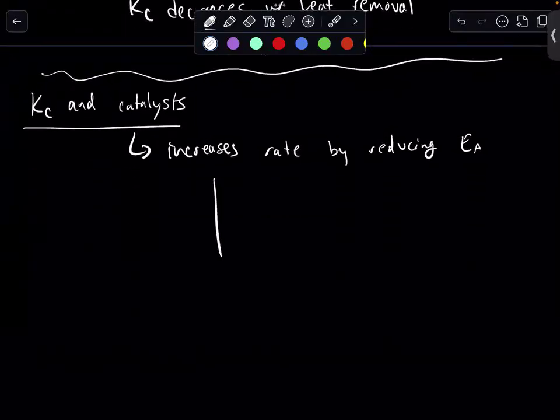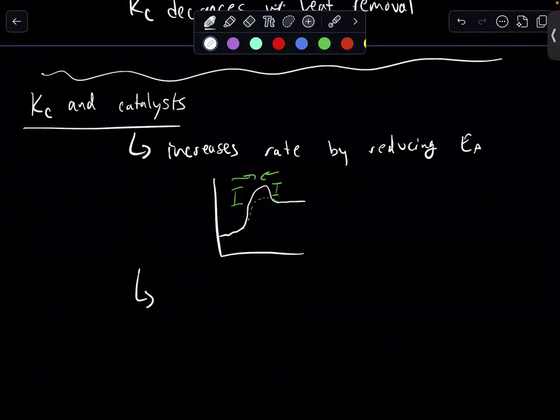If we look at it graphically, which we've done a few times, and then we add our catalyst, you'll notice that the activation energy is reduced by the same amount for both the forward and reverse process.